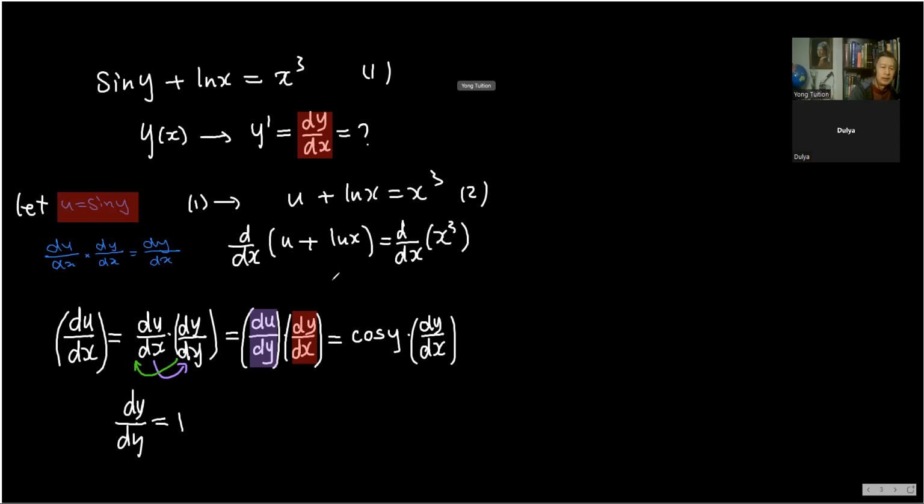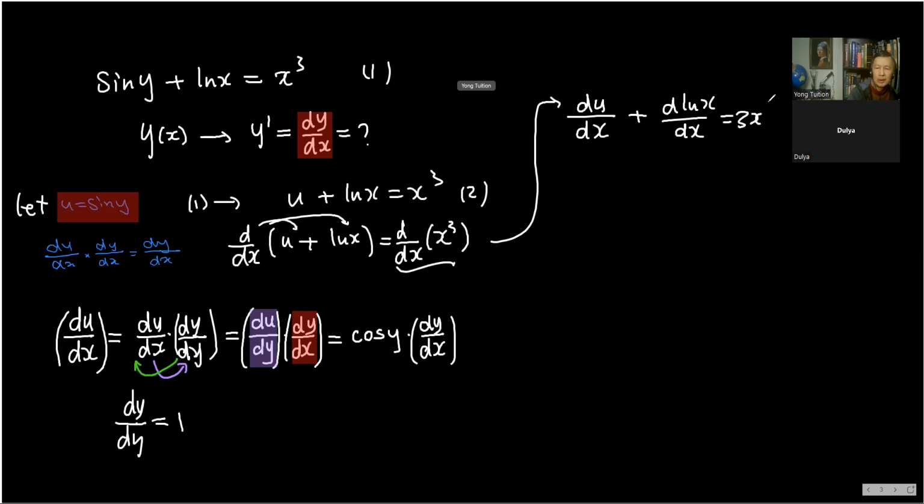Can you follow me? I can distribute this operation. The first term became du/dx, the second term became d(log x)/dx, equal to 3x squared. So that is 1 over x, equal to 3x squared. You see?